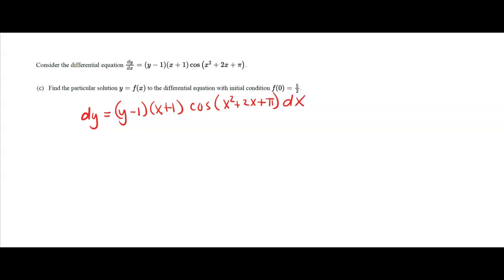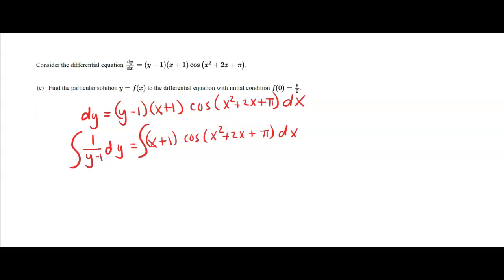Then I'm going to be dividing both sides by y minus 1. Okay. Next, we're going to go ahead and integrate both sides.